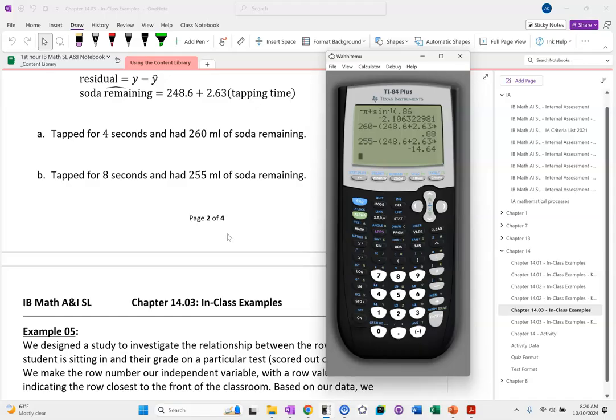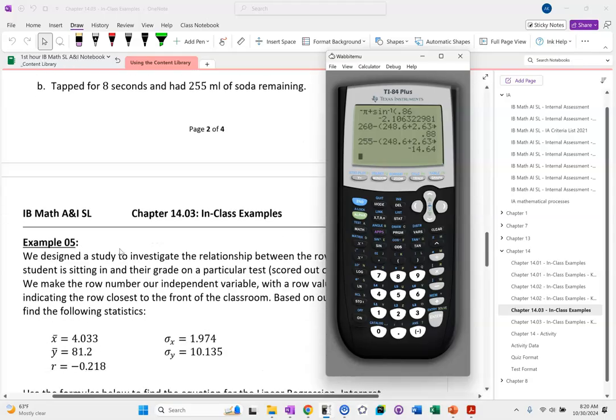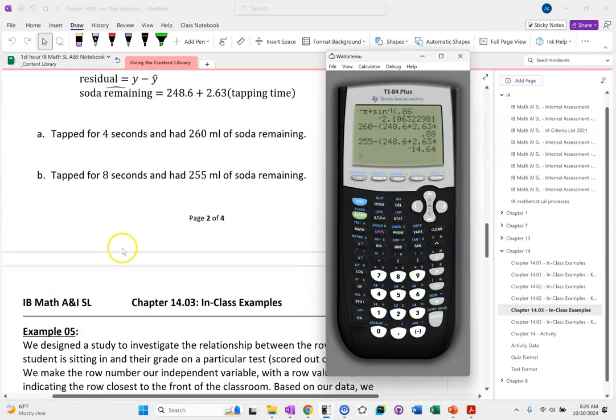I got negative 14.64. No big deal, right? That's not considered extrapolation, because you're still within the time. This is an actual data point.